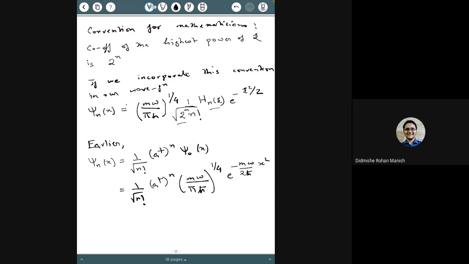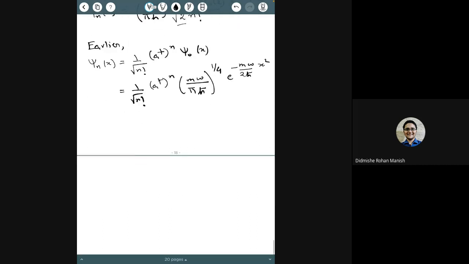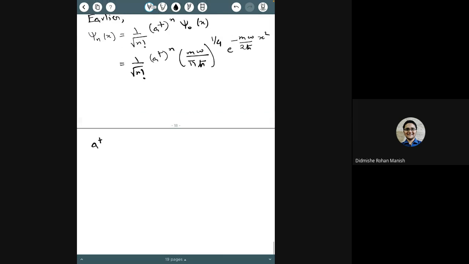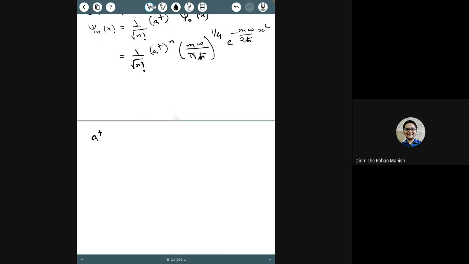Now, a dagger is equal to root of m omega by 2 h cross, x minus i p by m omega.